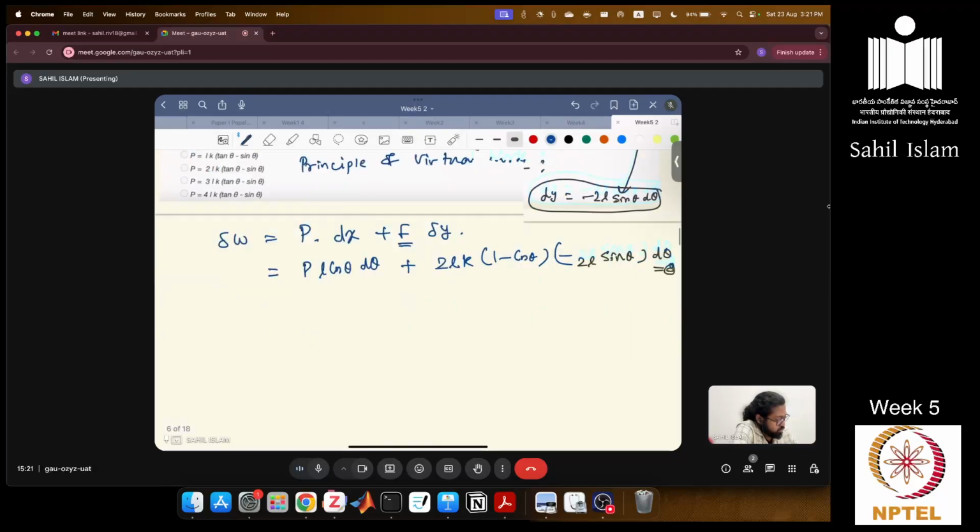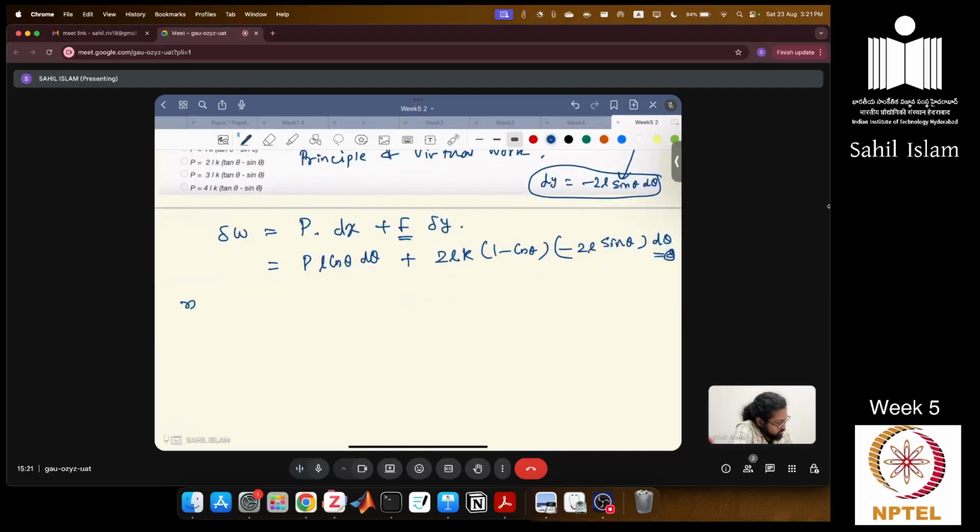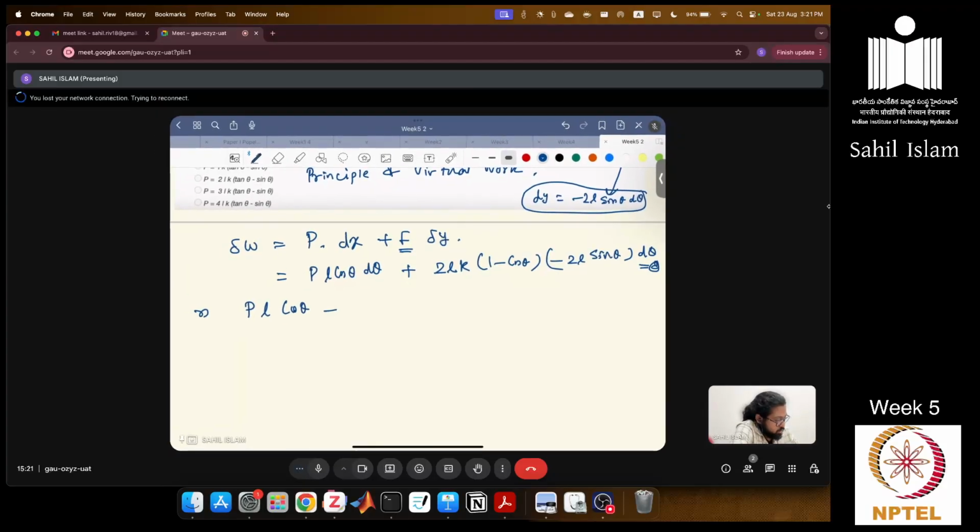For non-zero d theta, let's solve it. So PL cos theta minus 4L square K (1 minus cos theta) sin theta equals 0.